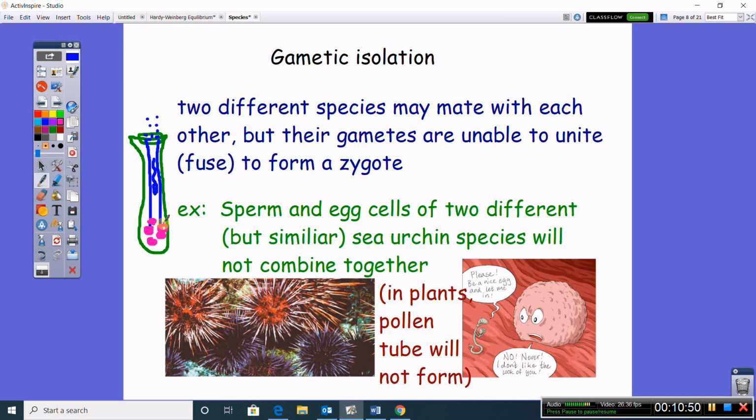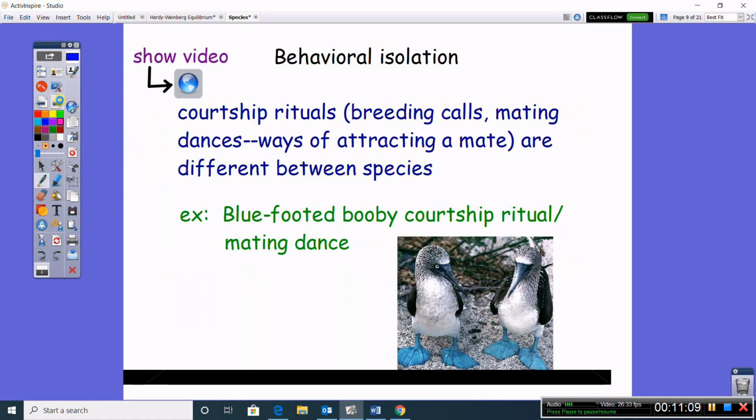So if you see anything about a pollen tube, if it's pollen from a different species of flower, it's not compatible, so it will not cause a pollen tube to form. So those different species of flower would be showing gametic isolation.